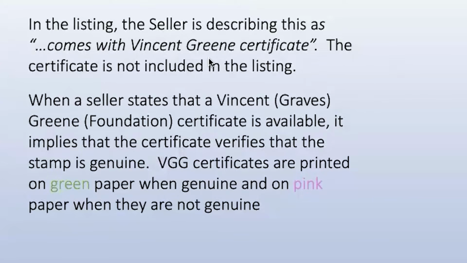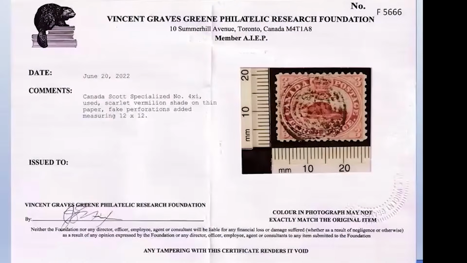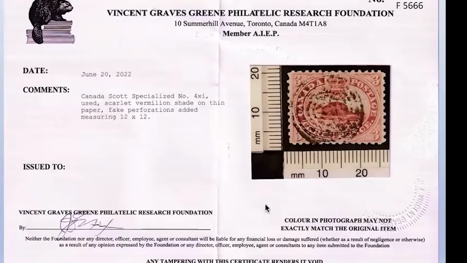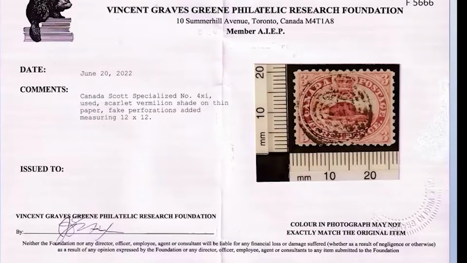The seller describes it as with the certificate. When a listing references a certificate, it usually implies that the stamp is genuine. The certificates are printed on green paper if they're genuine, and on pink paper if they're forgeries or otherwise not genuine. When I asked for the certificate, he sent it to me. The certificate is on pink paper. It doesn't show up very well in the scan, but yes, it is pink.